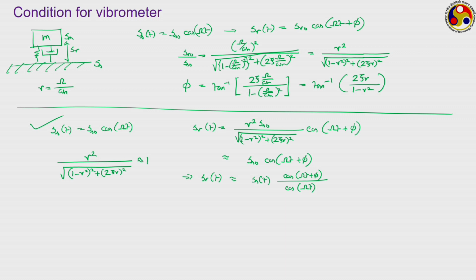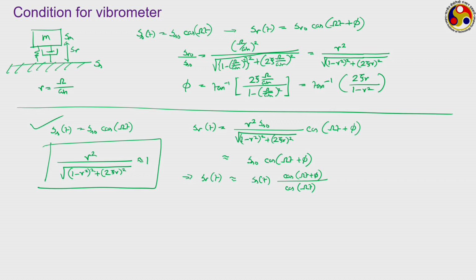Therefore, when this ratio is very close to 1, the resultant signal, at least its displacement, quite follows the imposed signal SS.